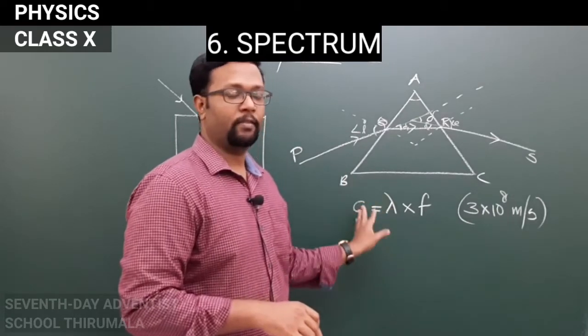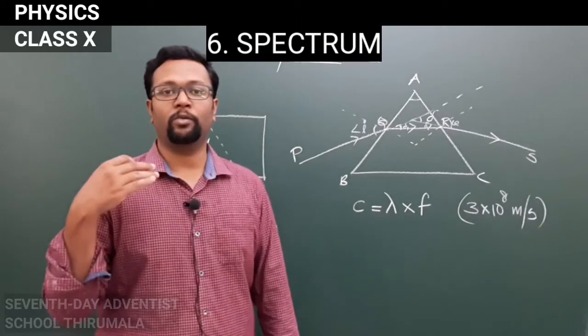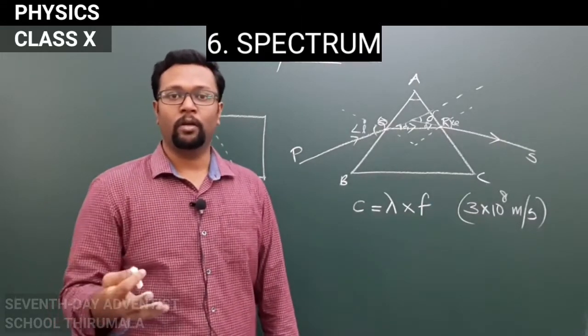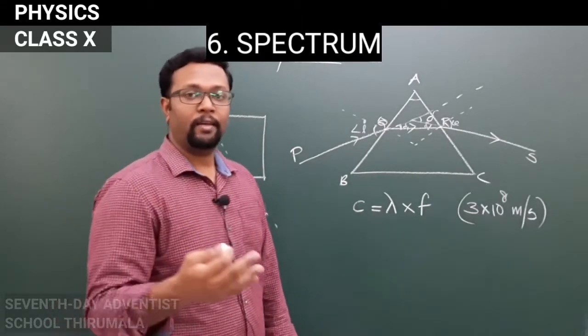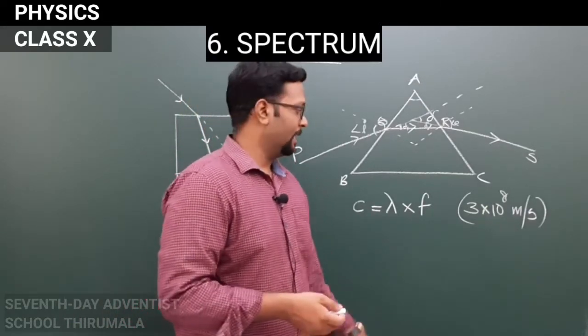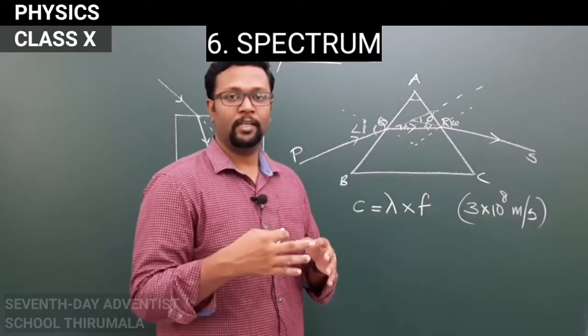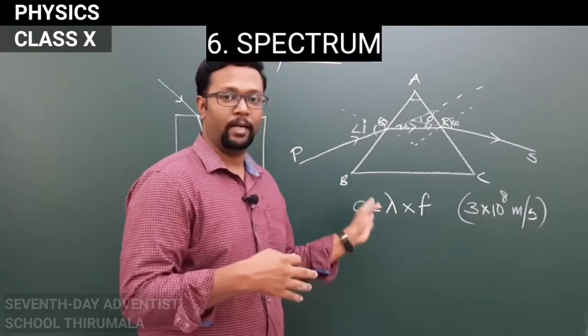Okay, and this velocity is exhibited by light when it is traveling through vacuum. When it is traveling through different mediums of different optical densities, then the wavelength will adjust so that this value can be decreased.